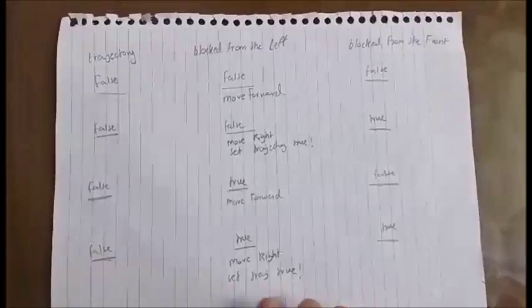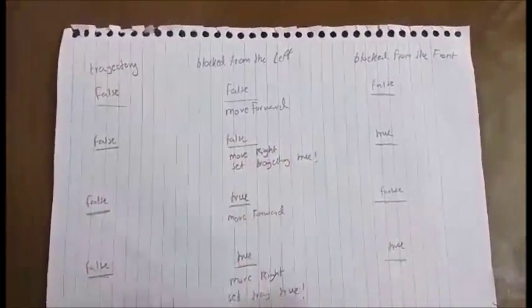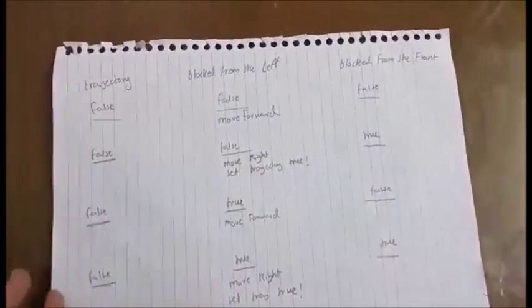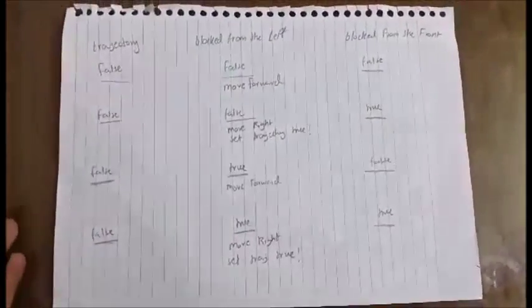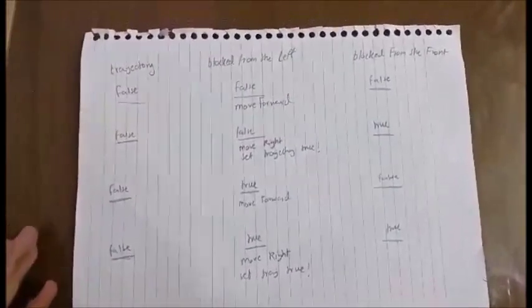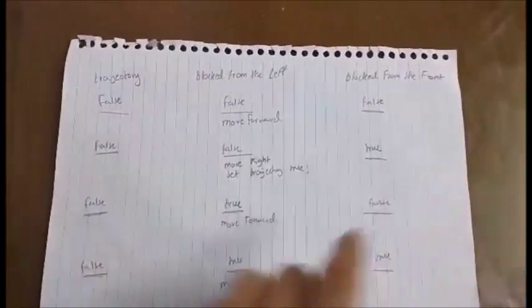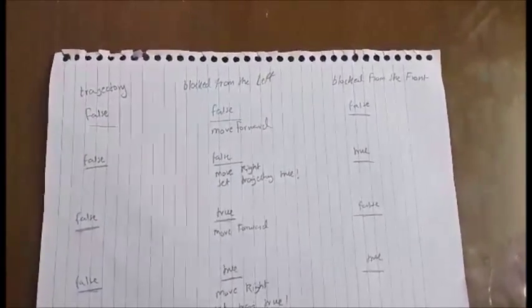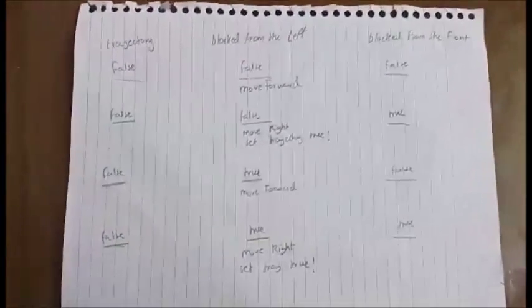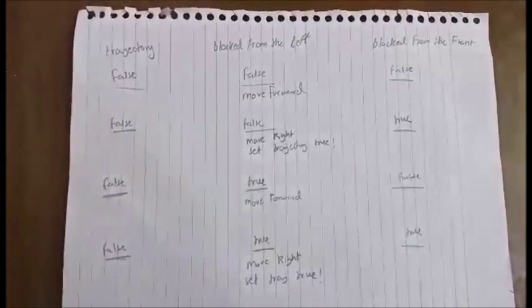As you can see here, when they are all false, the car moves forward, so the car isn't blocked from any direction, and it isn't trying to get around any object, so it simply moves forward. However, when it's blocked from the front, as you can see here, it's true. The car tries to move around the object, so the trajectory gets set to true, and the car moves to the right.